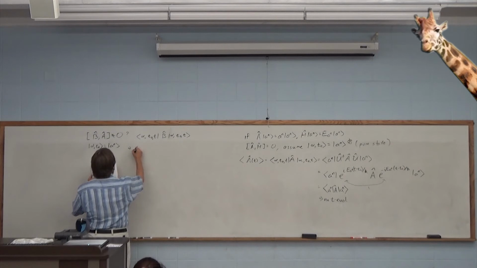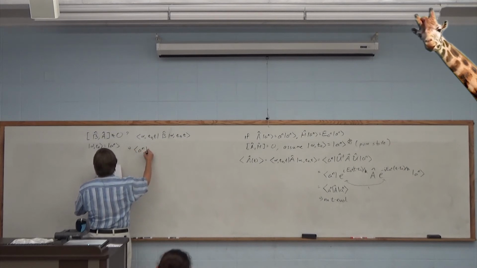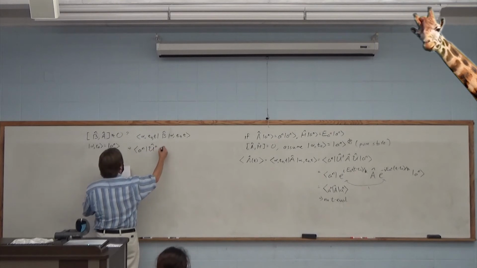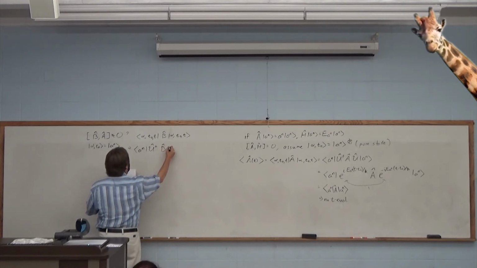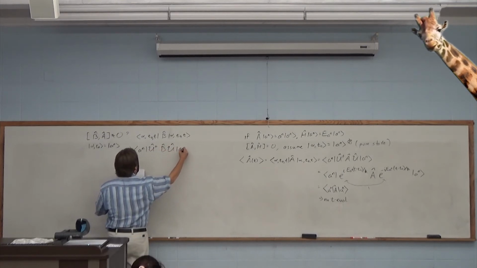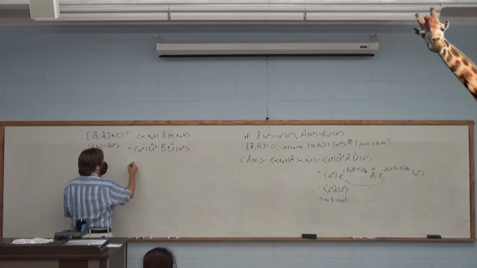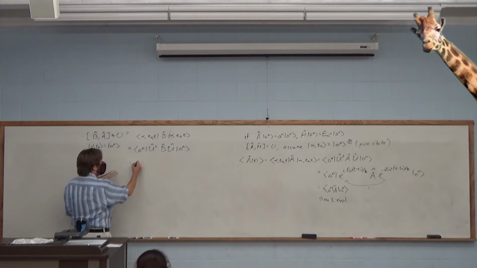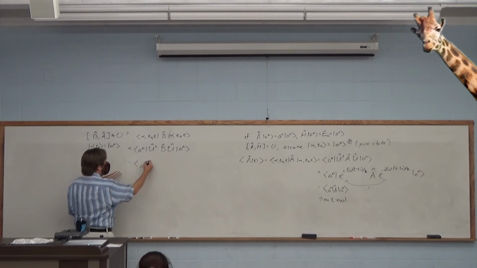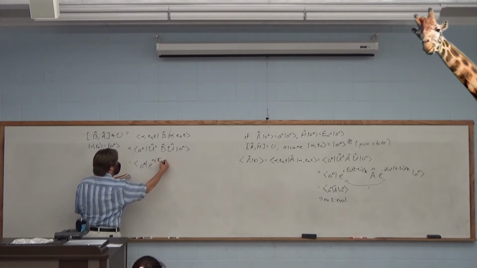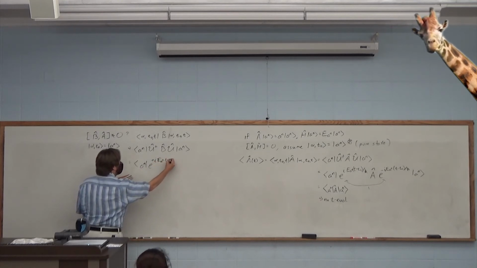I get here my evolution of the bra. Here's my operator. Here is me evolving the ket. And you know what you're going to get? You saw me screw up there. That was a good save, wasn't it?